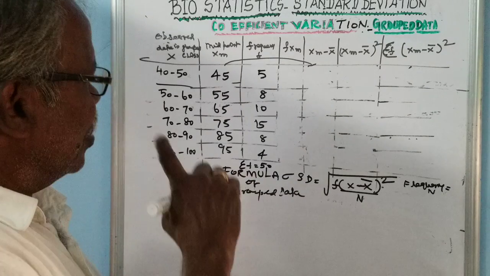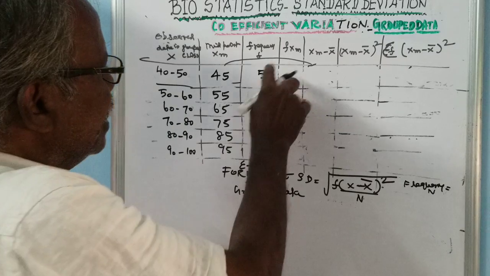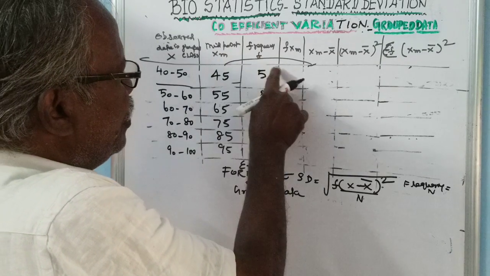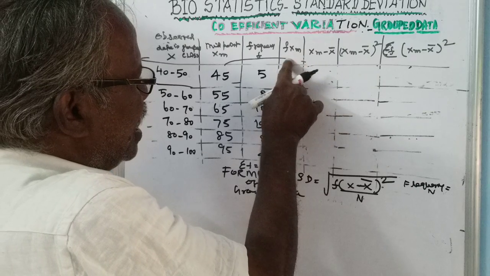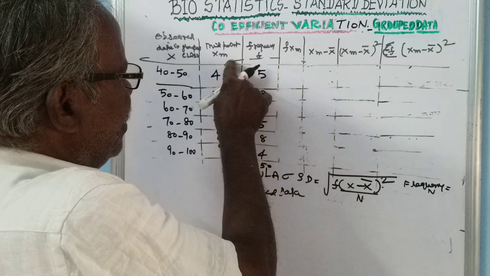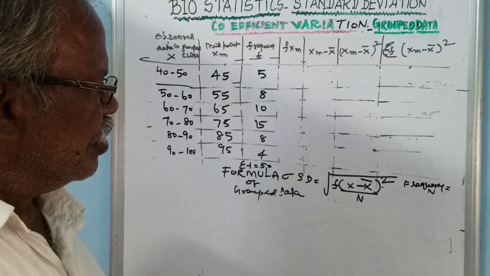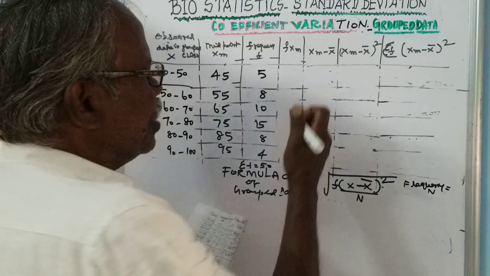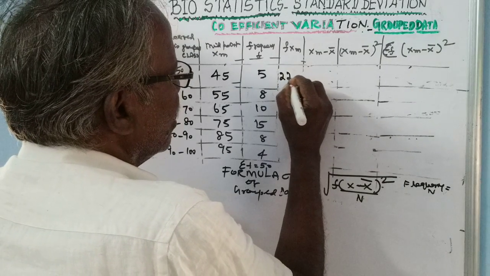Now the f into xm, frequency and midpoint, is to be multiplied. Frequency and midpoint, that is 5 into 45, we have to multiply, and that comes to 225.